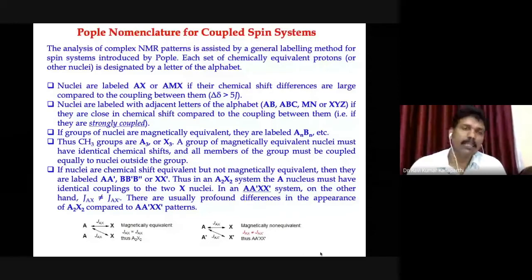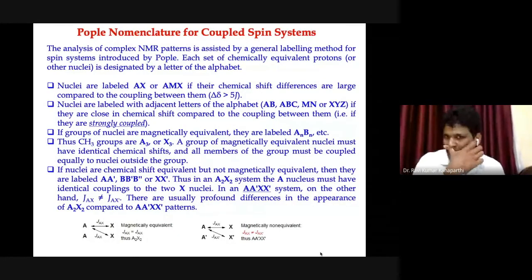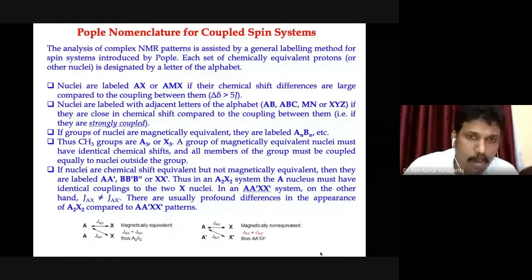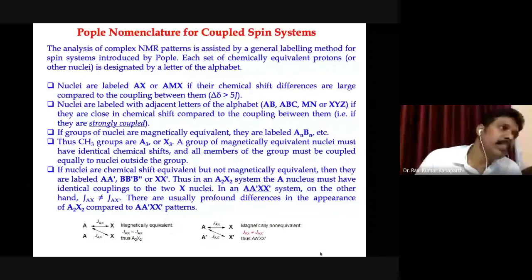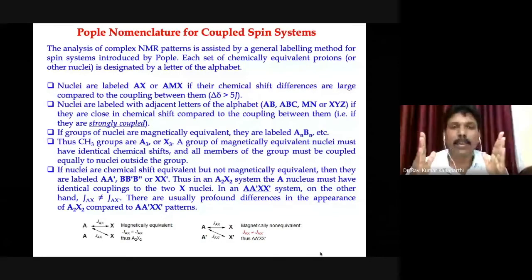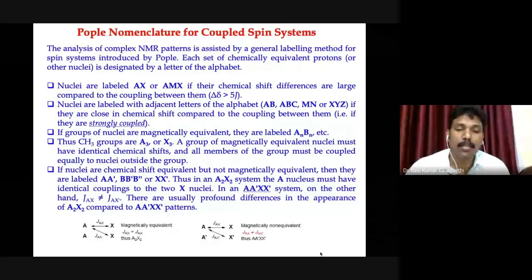You have one type of proton, but in a given molecule we will not always have only one type; in most cases we come across more than one type of proton. So depending upon the chemical shift values of these individual magnetically active nuclei, we label them with different letters of the alphabet.